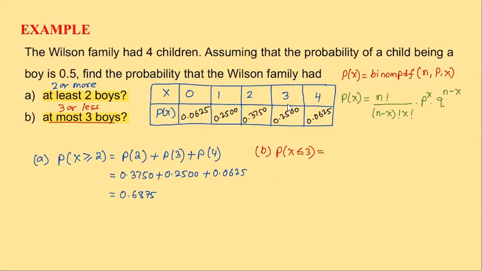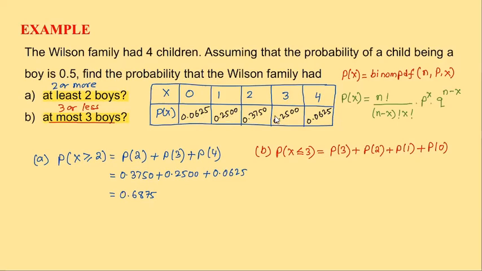In the table, this is 3 and the values less than 3 are these values. Whenever we have OR in probability, we have to add them. So P3 plus P2 plus P1 plus P0.